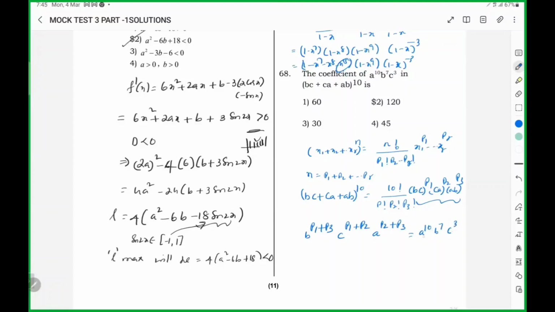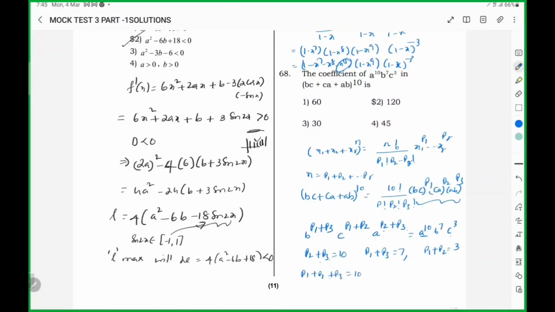To get a power 10, p2 plus p3 must be 10. To get b power 7, p1 plus p3 is 7. For c cube, p1 plus p2 is 3. We know that p1 plus p2 plus p3 is 10.